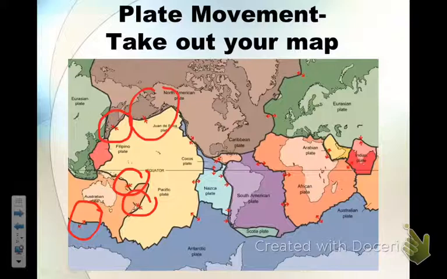The Pacific plate and the Antarctic plate go away from each other. If you see right where California is and the Pacific plate, they go side to side. The Nazca plate and the Pacific away. Gets a little hard to see here, so I'm not going to circle the ones in the center.